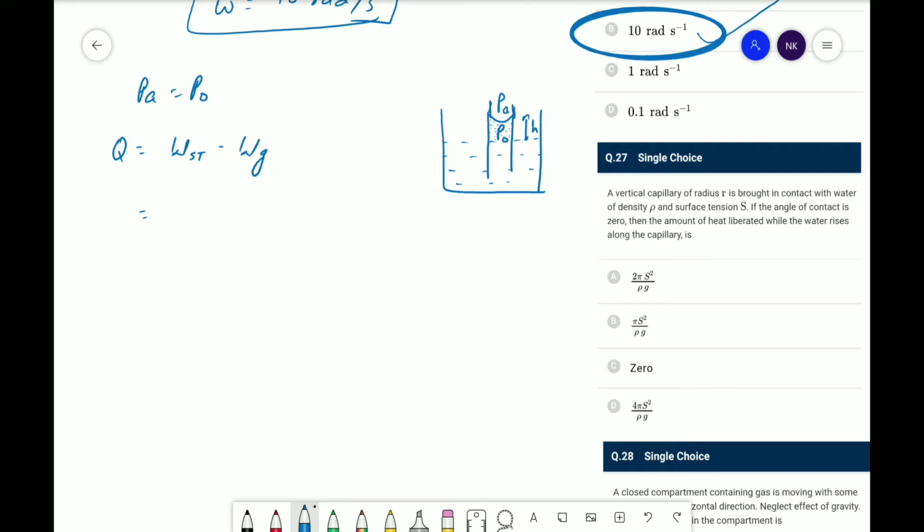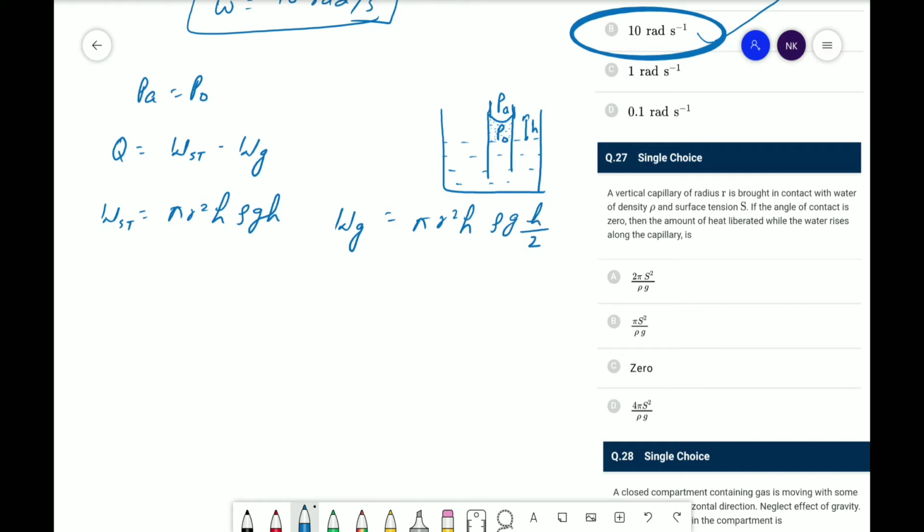Hence W_ST, the work due to surface tension, will be equal to pi R square H rho g H. While for water the H will be H by 2. Hence pi R square H rho g H by 2.